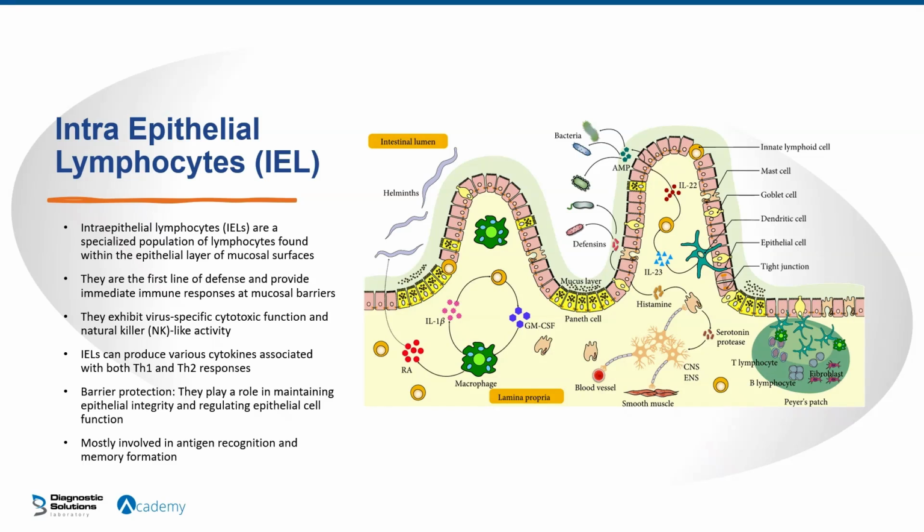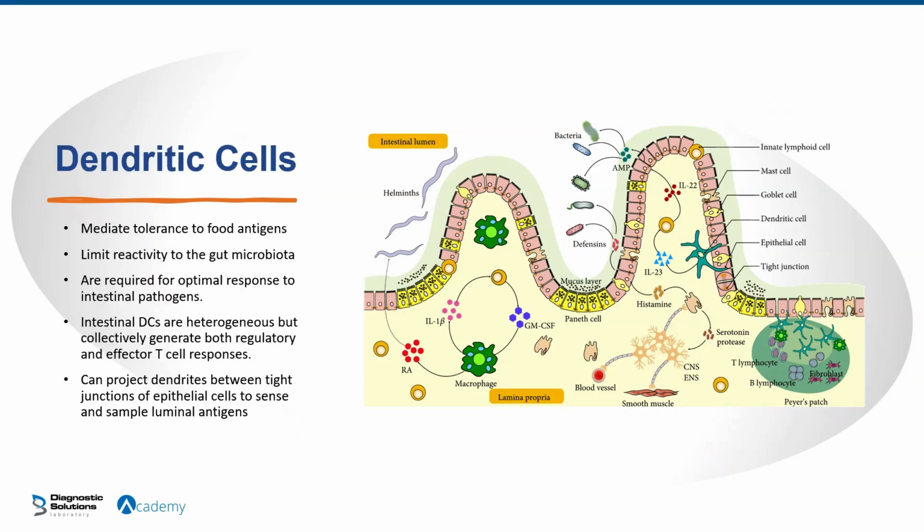They are the first line of defense and provide immediate immune response at the mucosal barrier. These are the cells that will exhibit activity like natural killer cell function, and they're related to both Th1 and Th2 responses. They offer barrier protection, and they play a role in maintaining the epithelial integrity and regulating the epithelial cell function, and they're mainly involved in antigen recognition and memory function.